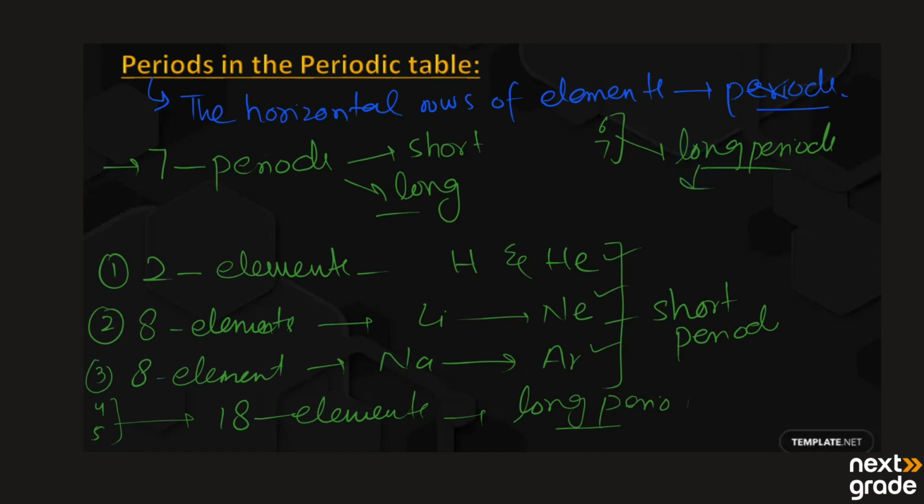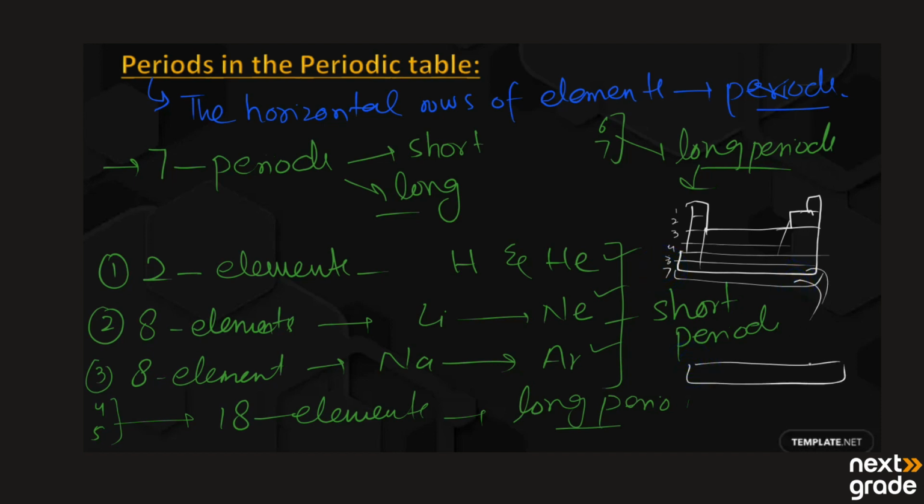In a simple sketch of the periodic table, divided into periods 1, 2, 3, 4, 5, 6 and 7, periods 6 and 7 have a lower part known as lanthanides and actinides. These are the inner transition elements.